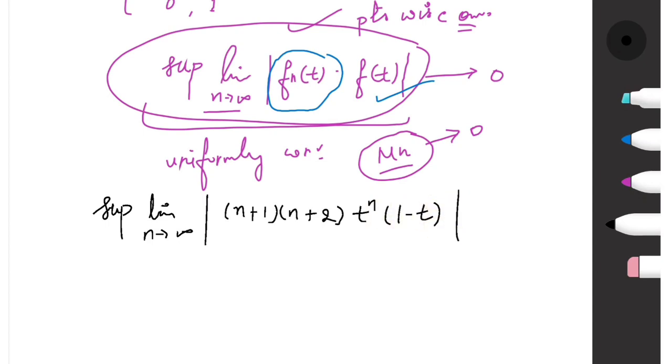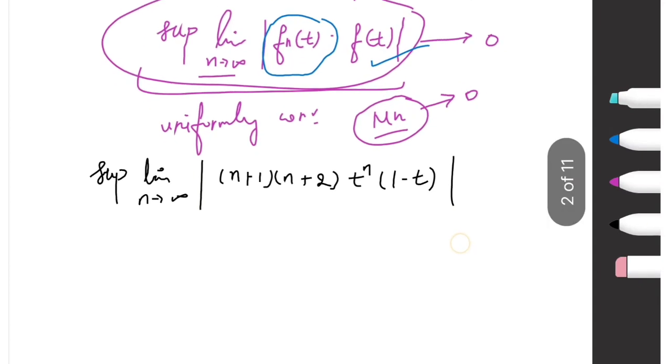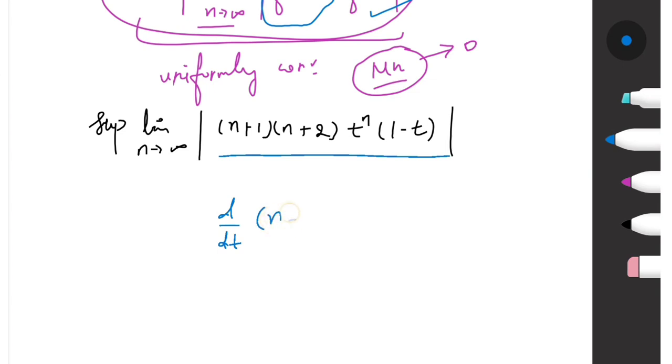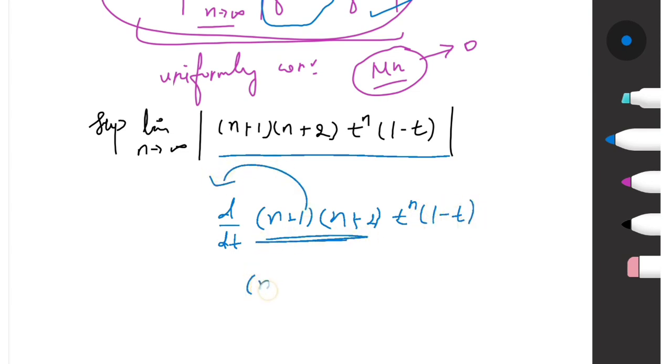Let's check the extrema point of this function, and for that we can differentiate this function one time. d/dt of (n+1)(n+2) t^n (1 - t): I'm taking (n+1)(n+2) as a constant, and d/dt acts on t^n - t^(n+1).